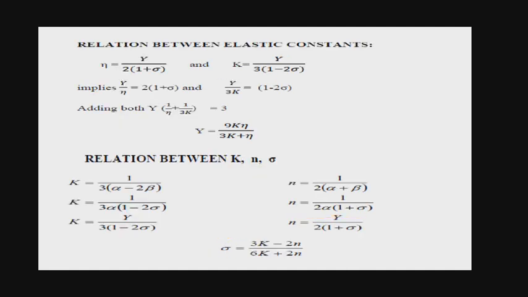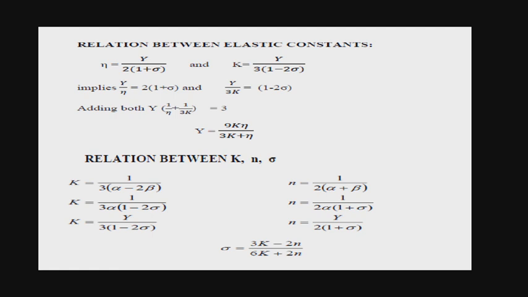Next, relation between elastic constants. We have to consider the derived terms of the previous two derivations. One is eta is equal to Y divided by 2 into 1 plus sigma, and K is equal to Y divided by 3 into 1 minus 2 sigma.